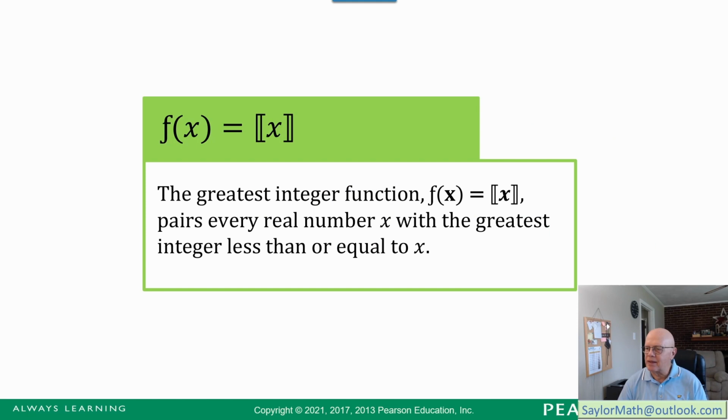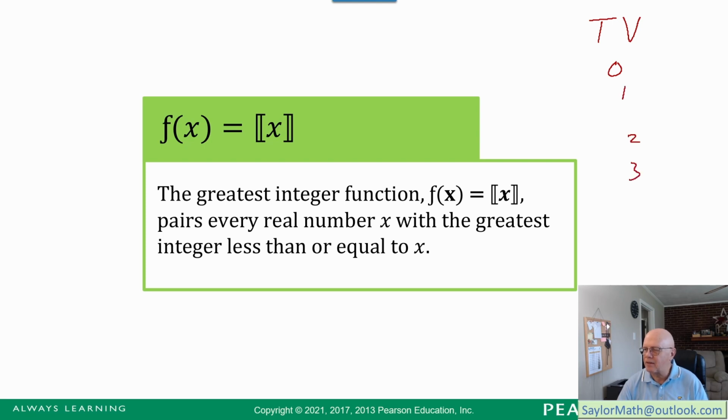Next, the greatest integer function. So for example, let's suppose, go back to the television example. How many TVs can you have? Well, you could have 0, you could have 1, 2, 3.